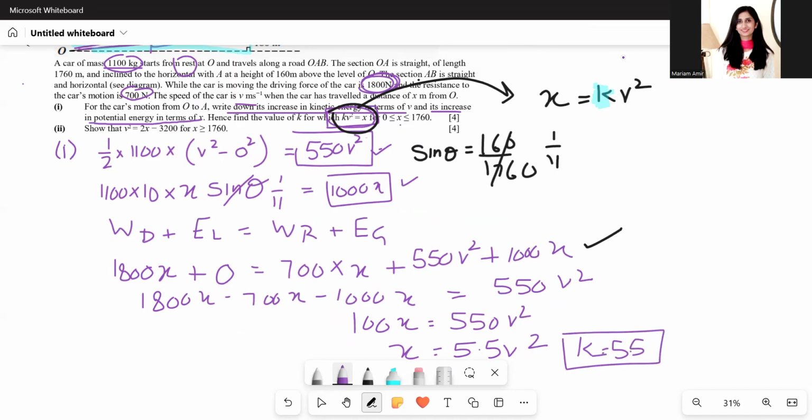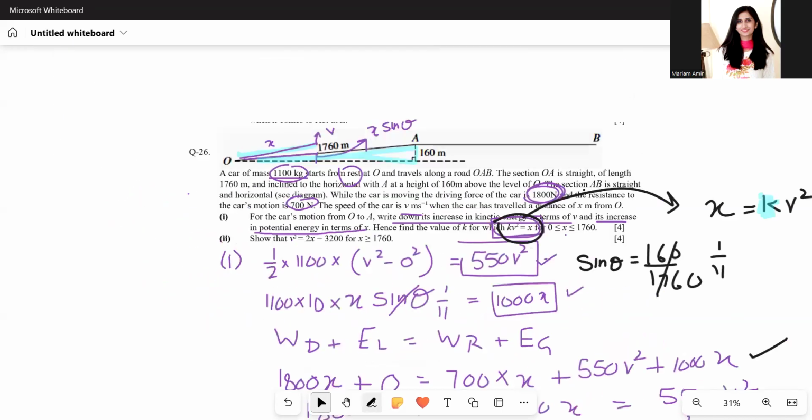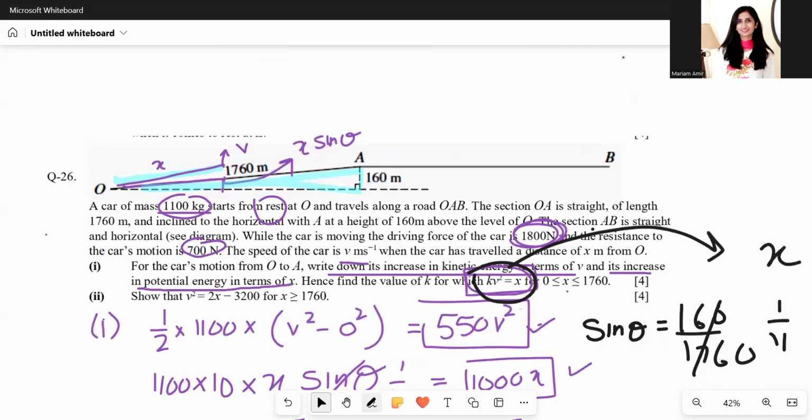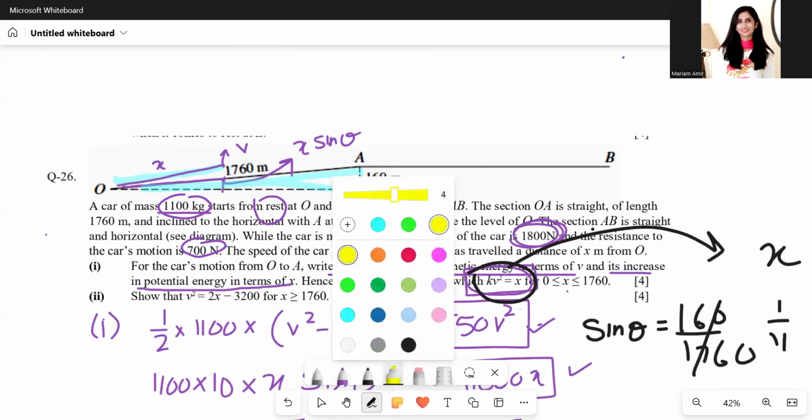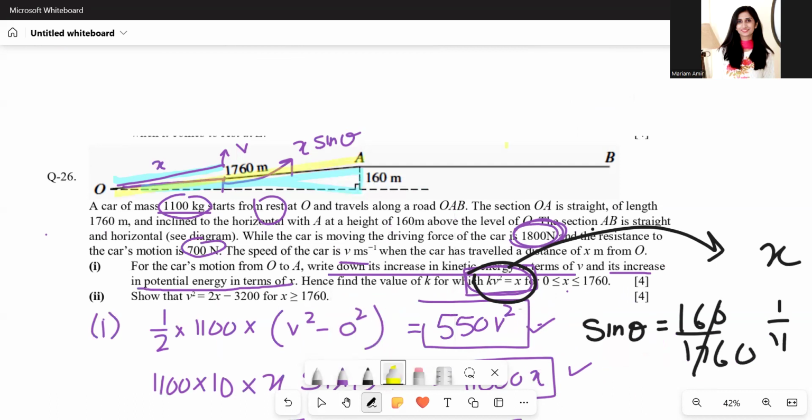Okay. Next, it says to show that v square is equal to 2x minus 3200 for x greater than or equal to 1760. So when x is greater than 1760, we're talking about the horizontal line, somewhere over here. But for this region from A to B, the distance will not be represented by x now.